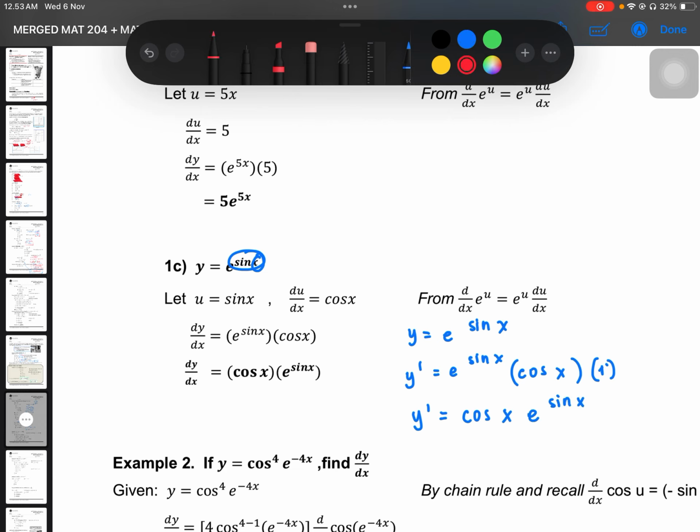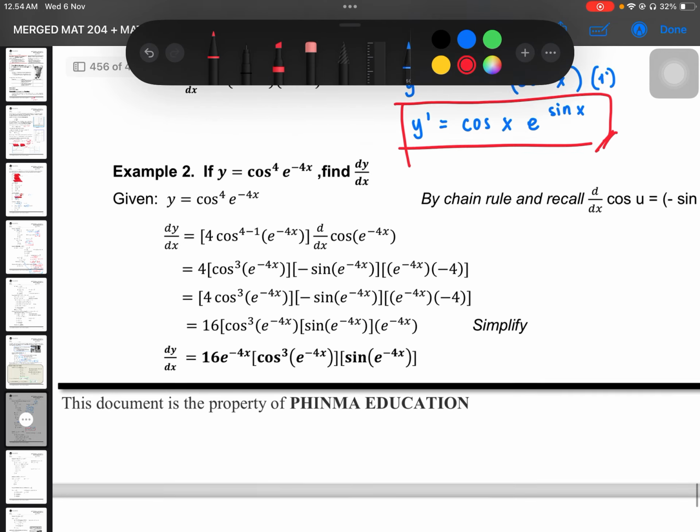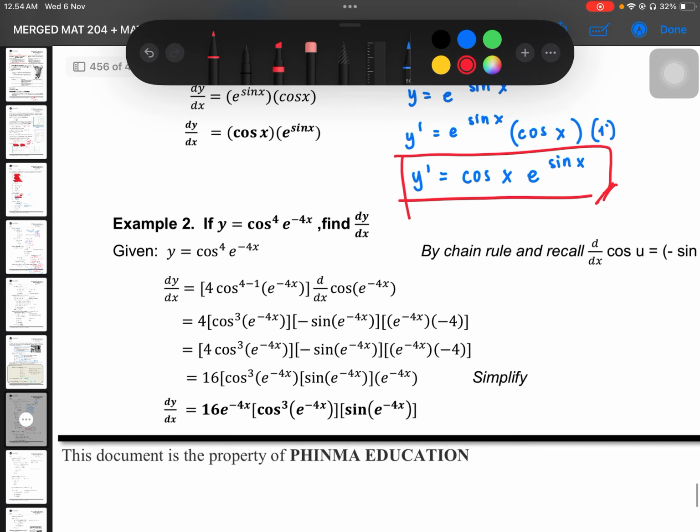And that will be your final answer. Kapag ganito, use the chain rule, o kaya naman ay product rule. But then dito, we have cosine e raised to negative 4x, then exponent is 4.